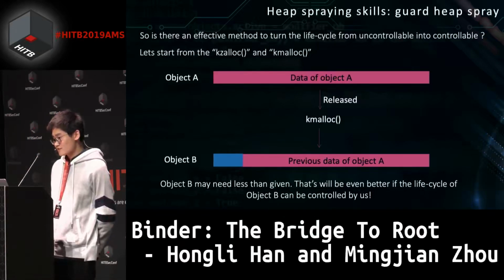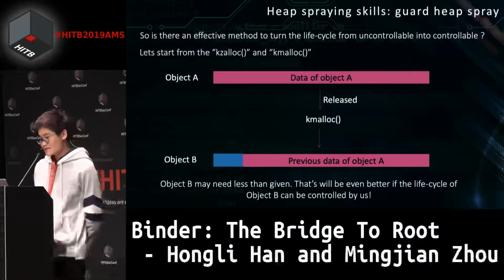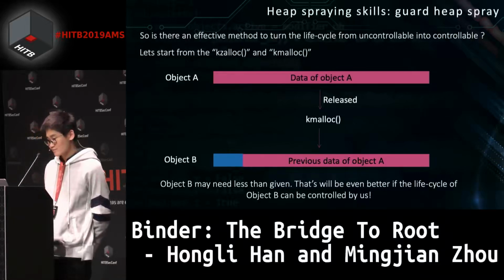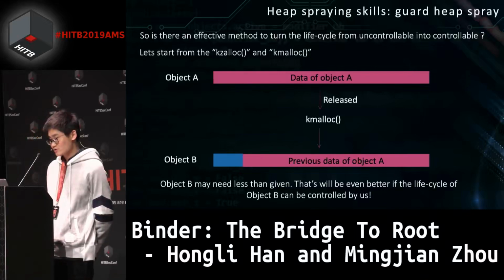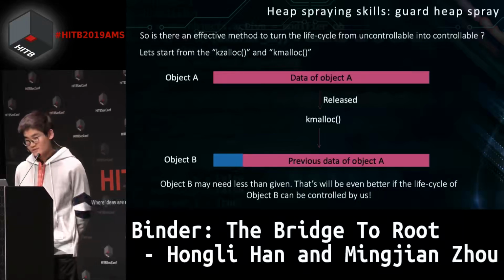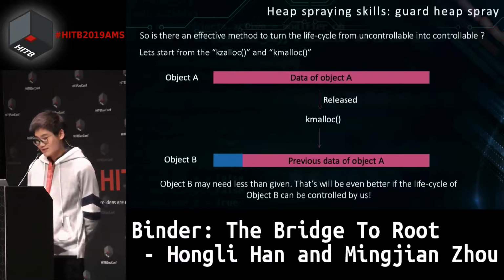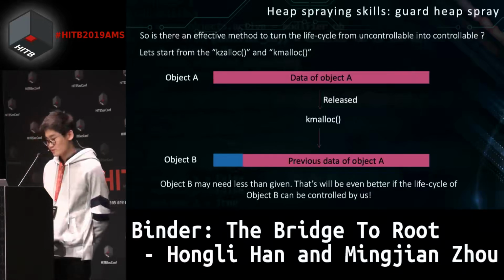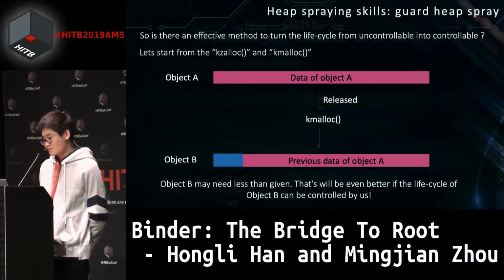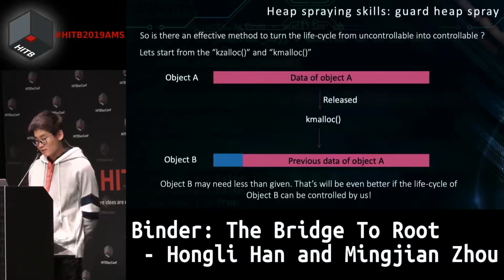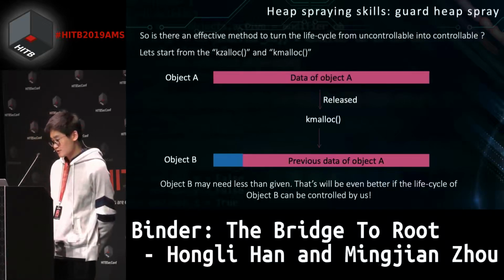Could we find an efficient method to turn the life cycle of it from uncontrollable into controllable? Think about kmalloc and kzalloc. The kzalloc is based on kmalloc, but it will set the memory to 0 immediately after the memory is allocated, but kmalloc will not.